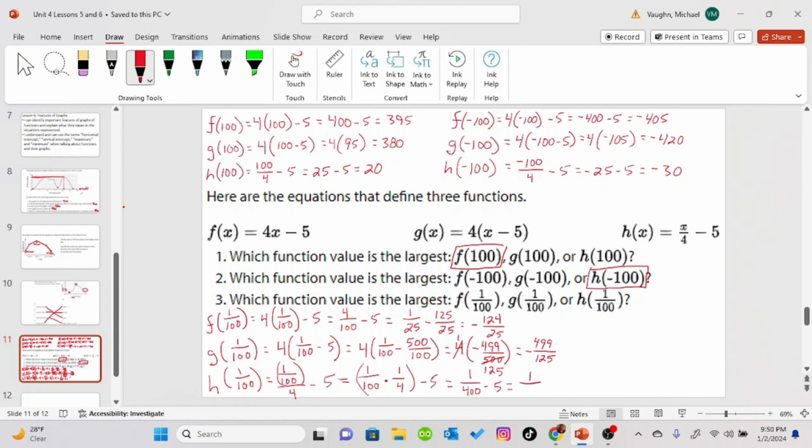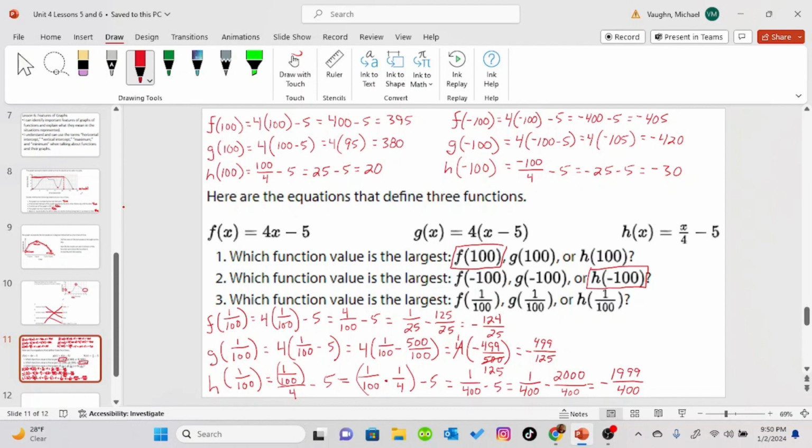That becomes 1 over 400 minus 2,000 over 400, which equals negative 1,999 over 400.